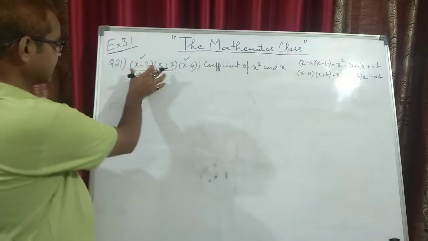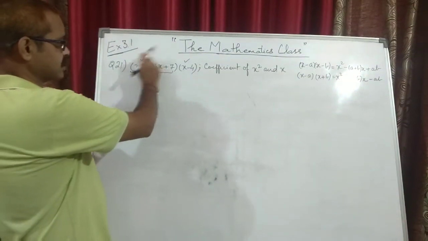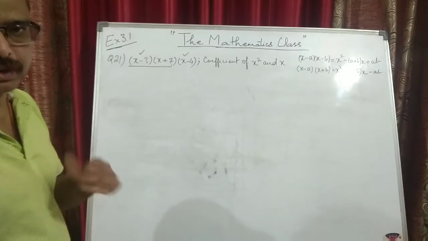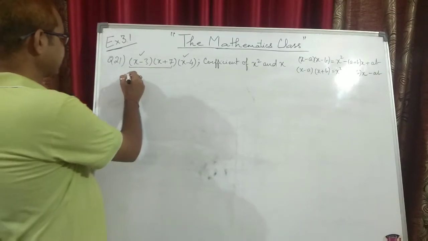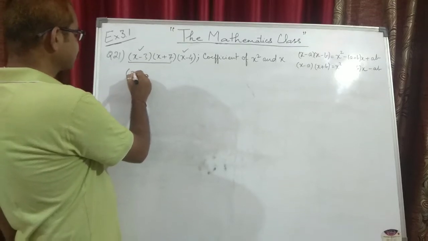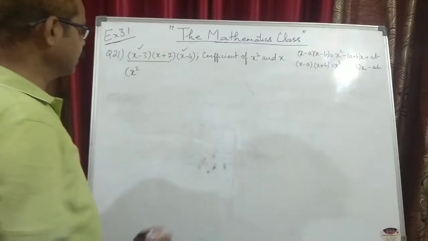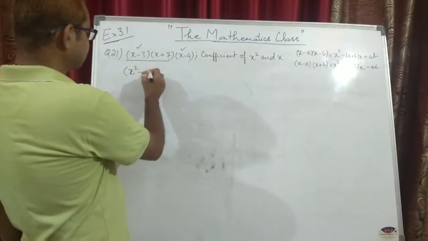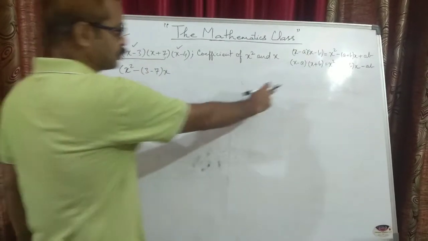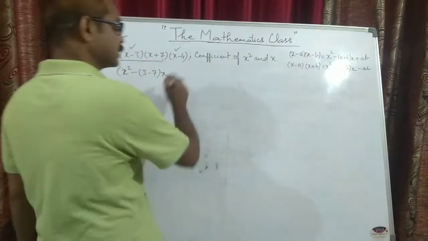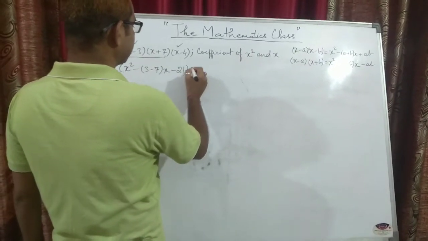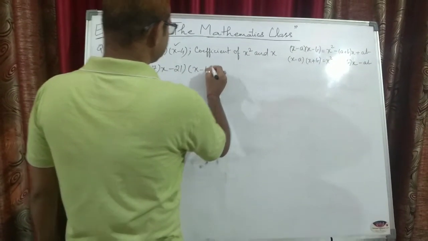Since we are taking these two terms, we can also take the first and last term, because in multiplication the sequence doesn't matter. But x minus 3 and x plus 7 will give you x square minus 3 minus 7x, according to this formula, x square minus a minus bx and minus ab, 7 3s are 21, times x minus 4.